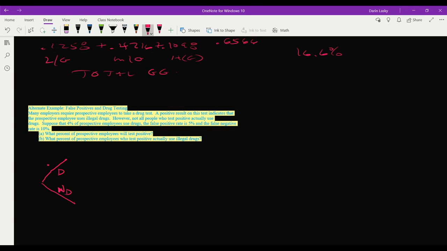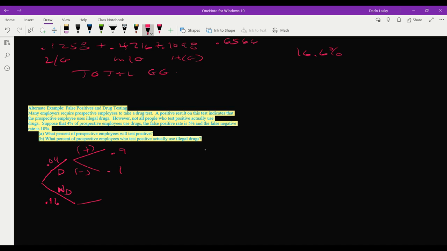There's 4% of the people that actually use drugs in this one, and that means 0.96 don't use drugs. But when they take a drug test, the number of people that use drugs that test positive is 0.9, and the number that test negative is 0.1.